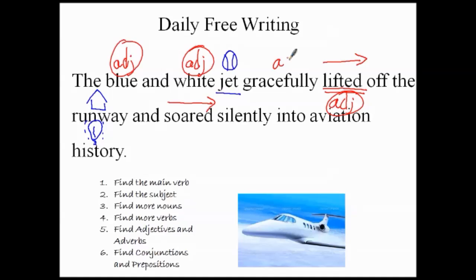So we're going to put our ADV code over that and encompass that in a circle. And we look at our verb soared, and we see that it is soaring silently into history. So we're going to put our ADV there, right? In what manner? Notice in the first case, the adverb came before the verb. In the second case, the adverb came after the verb.